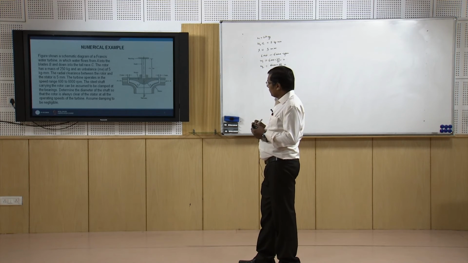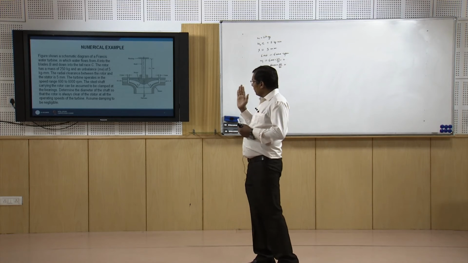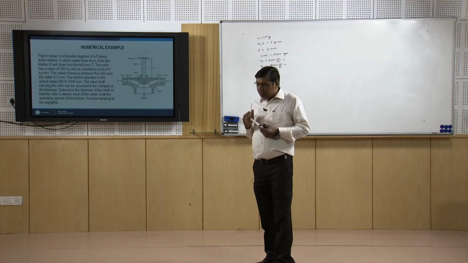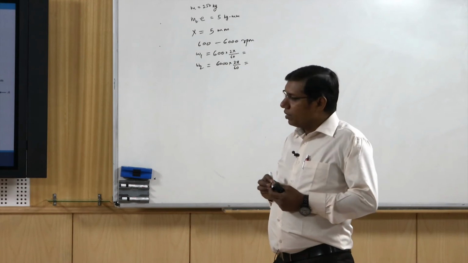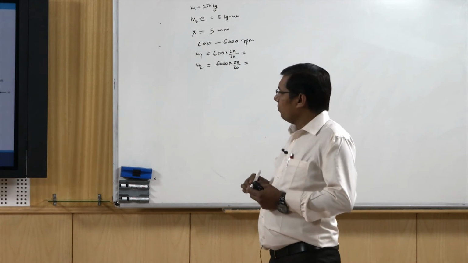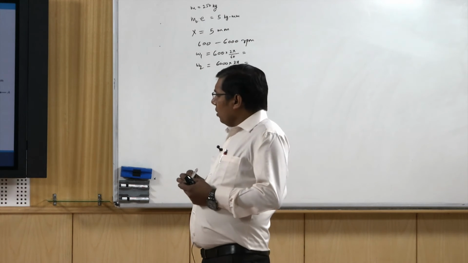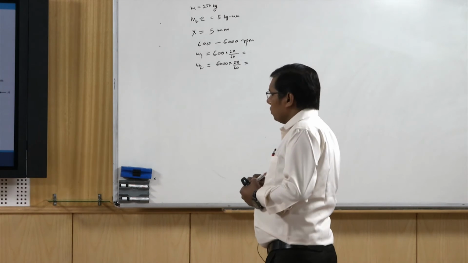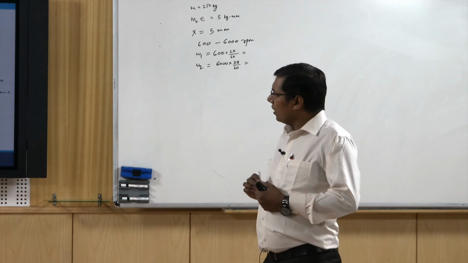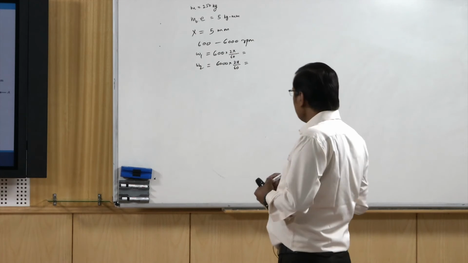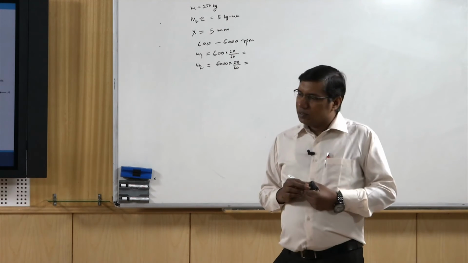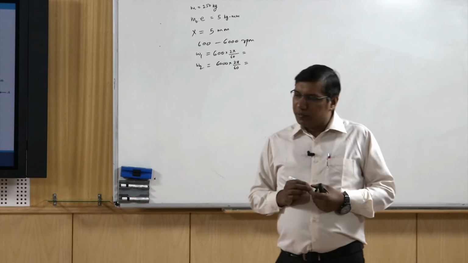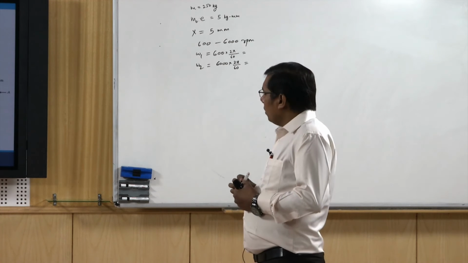So when it is vibrating, we can assume it as a cantilever beam, and I have already derived how to find the stiffness and the natural frequency of a cantilever beam, so we can refer to that. Now we have to find the diameter of the shaft so that the rotor is always clear of the stator at all the operating speeds of the turbine. So what is required is the diameter, so that the rotor doesn't hit the stator.